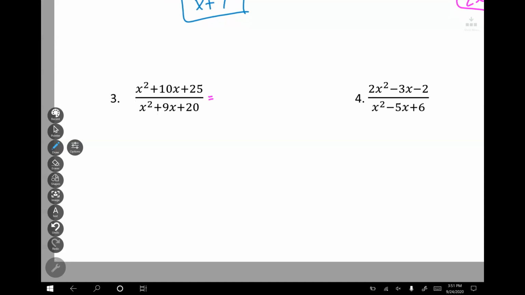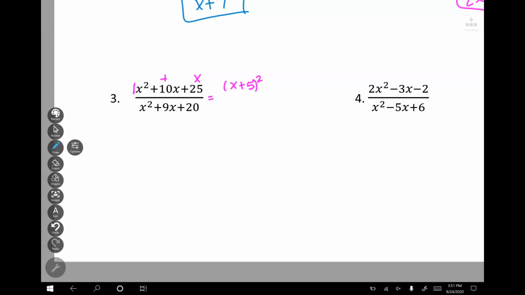Factoring the numerator. So on this one we have a trinomial, but there's a leading coefficient of 1, so we don't have to do it by grouping. We need two numbers that add to 10 and multiply to 25. Oh, I just noticed. This is a perfect square trinomial. 1 is a perfect square, 25 is a perfect square, and as it turns out, this one will factor into x plus 5 squared.